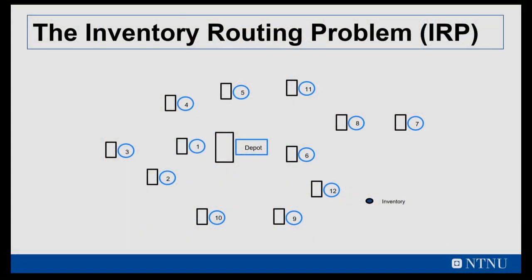And I was lucky enough to borrow a very nice animation from Simon. So in the IRP, we have a finite planning horizon of discrete time periods. And we have a single depot with a set of customers, and they all have their inventories.